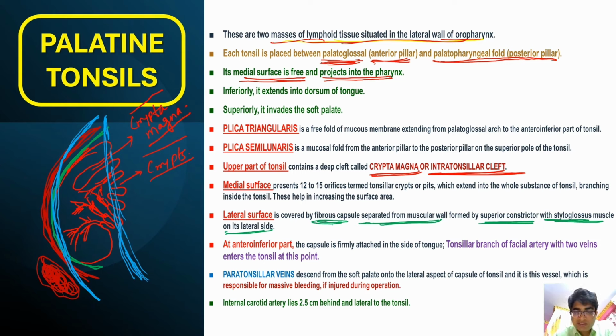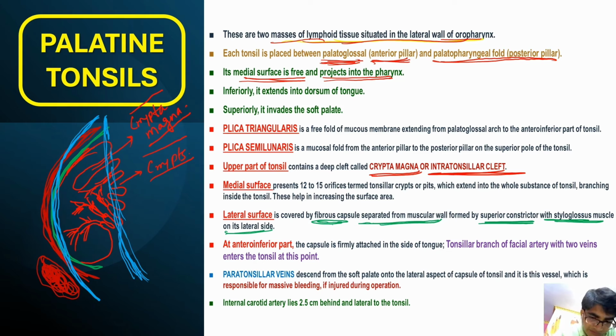To start, we need to understand two mucosal membranes, and these two mucosal membranes prevent the tonsil from falling off into the pharynx. And what are they?